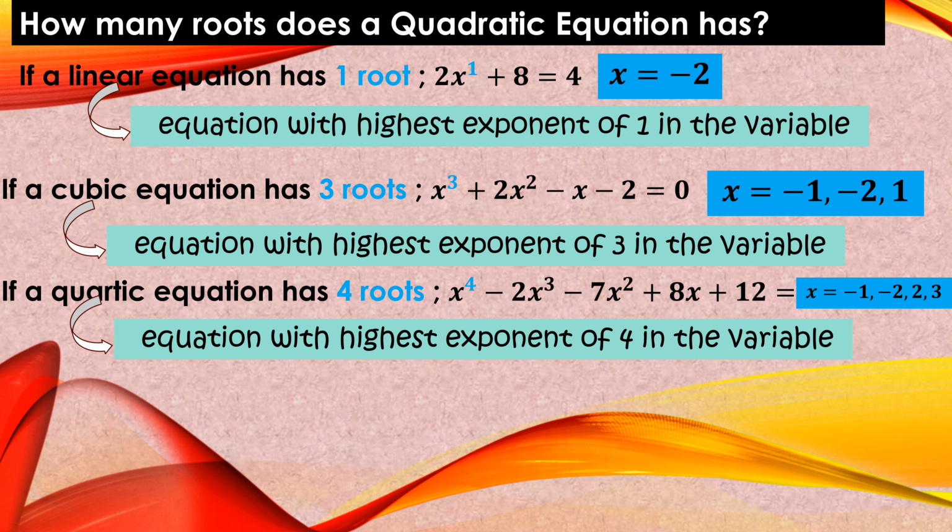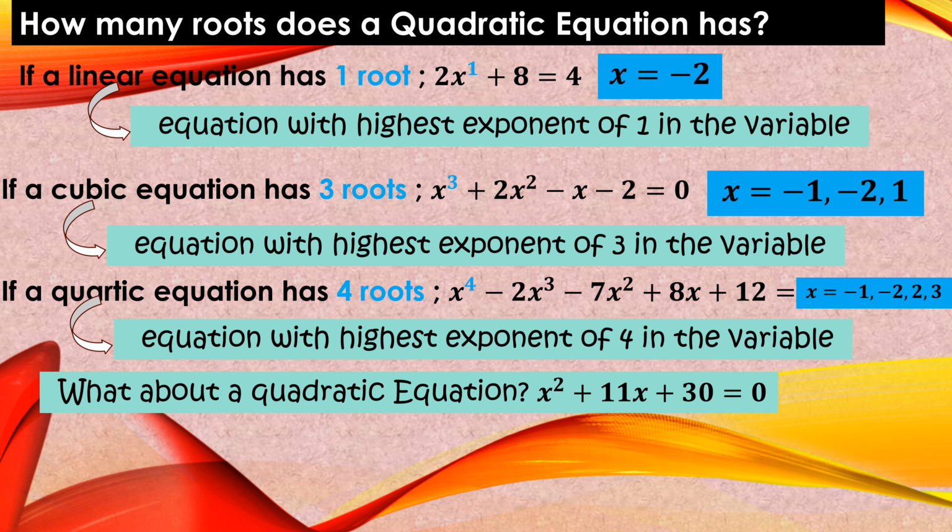So again, linear has 1, cubic has 3, and quartic has 4. Then what about the quadratic equation? An example of a quadratic equation is x squared plus 11x plus 30 equals 0. I think you have already seen the pattern.